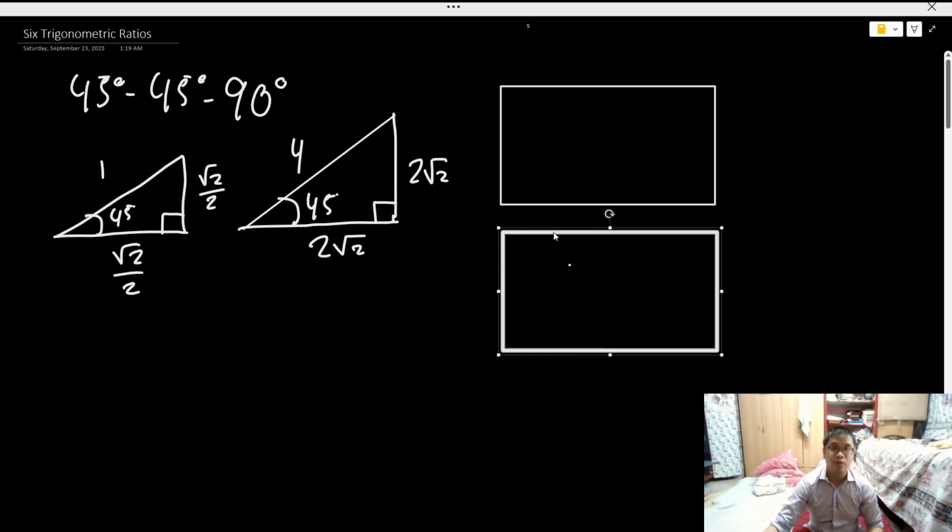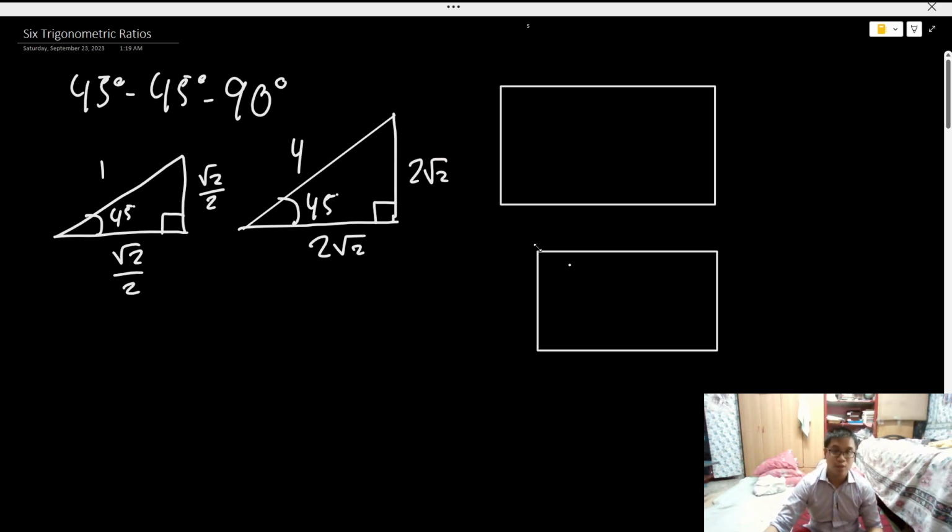Now imagine that I shrink this one. You see, the way I shrink it, it's at the same rate. The rate at which this side decreases is the same rate at which this horizontal side decreases.